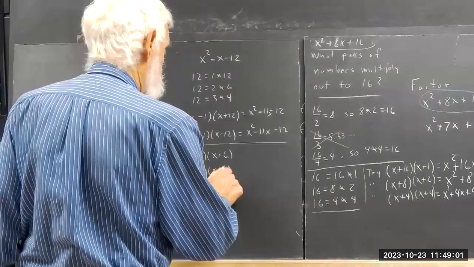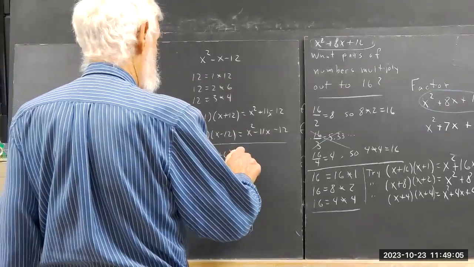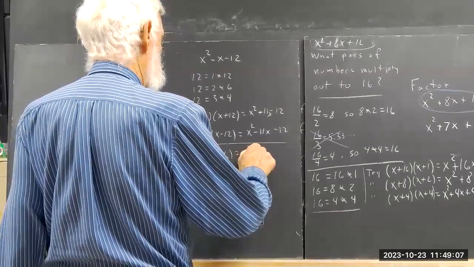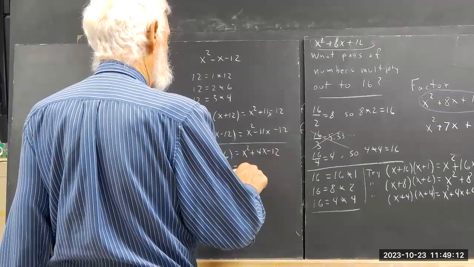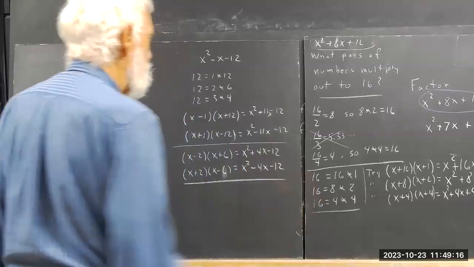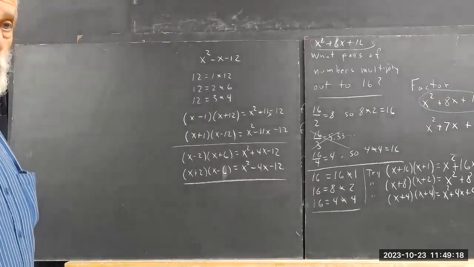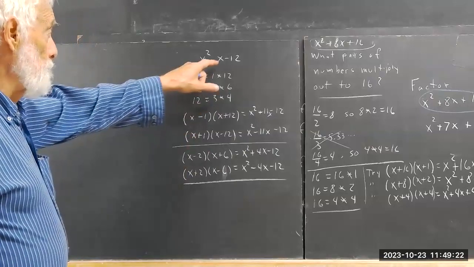And I've got to stop writing the wrong thing down. Okay, there's minus 6 there. So this one equals x squared plus 4x minus 12, and this one equals x squared minus 4x minus 12. Neither one of those works, although we're much closer than we were here. We just want a plain old 1x.